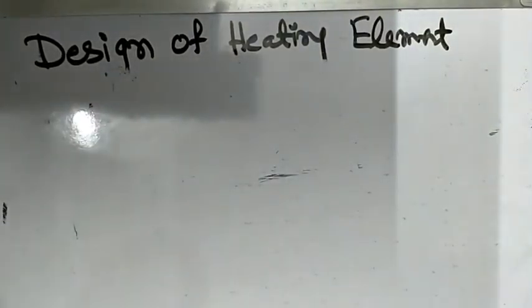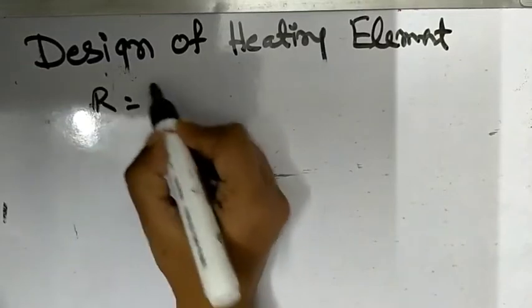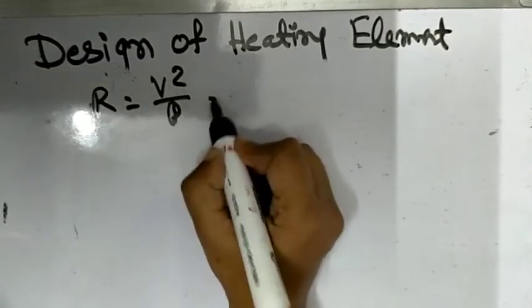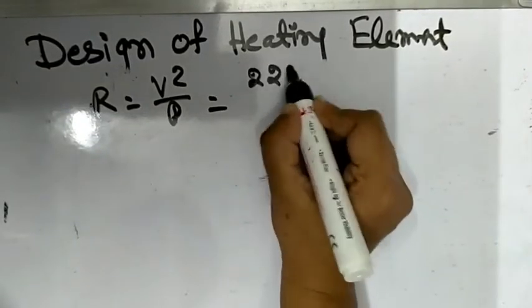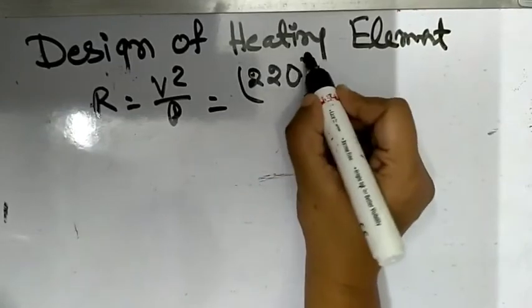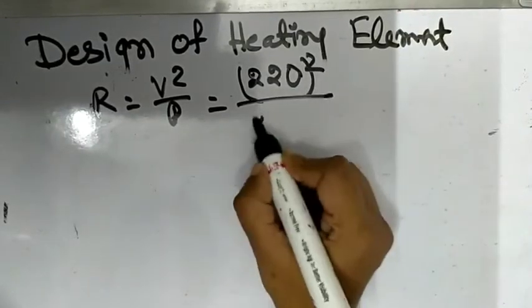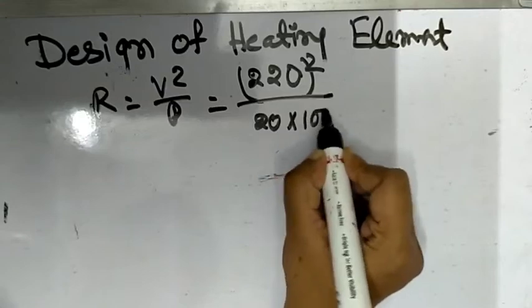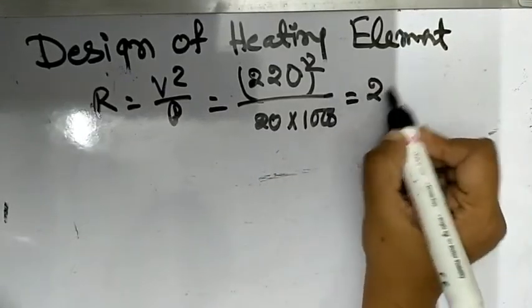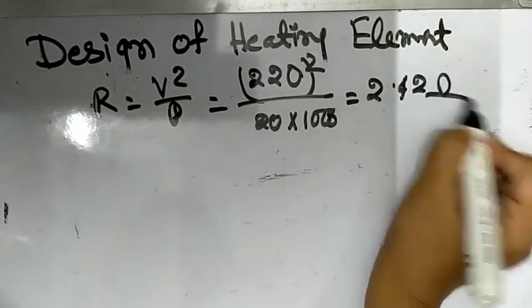So R is equal to V square by P. So V is 220 square by 20 into 1000, which is 2.42 ohm.